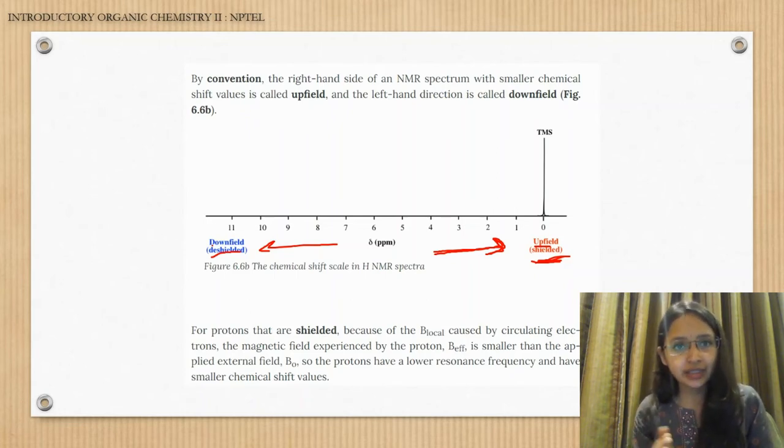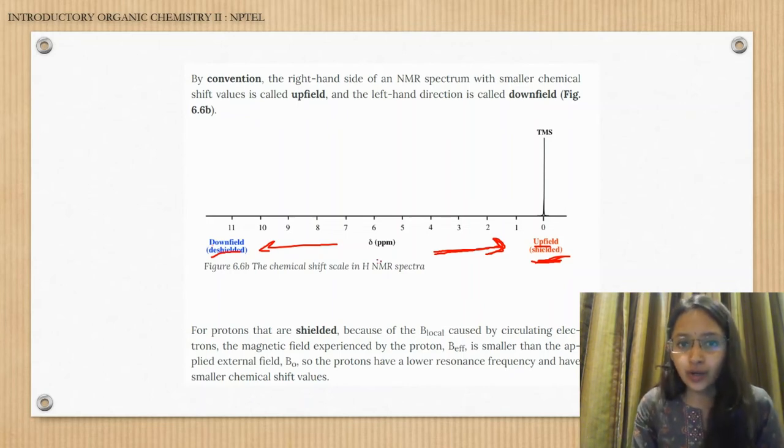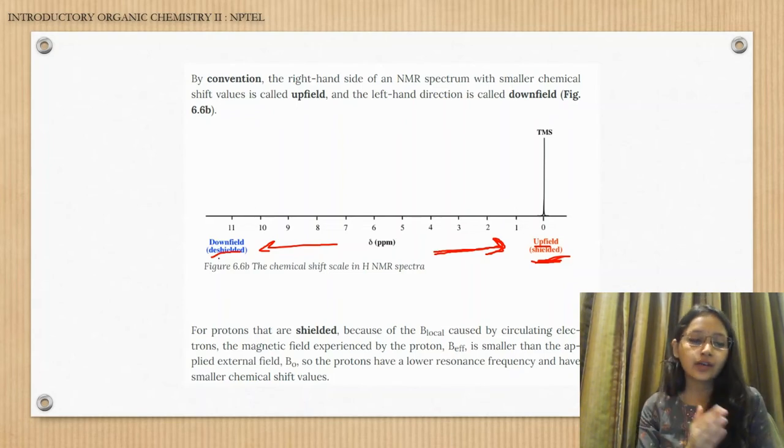Now, if a nuclei has a lower shielding effect, then we have talked about that the applied magnetic field is the only field experienced by the nucleus, and that is why it is going to give you a de-shielded region. The de-shielded region is the downfield region in the delta ppm scale.